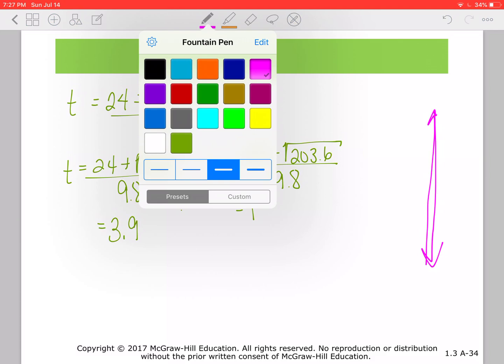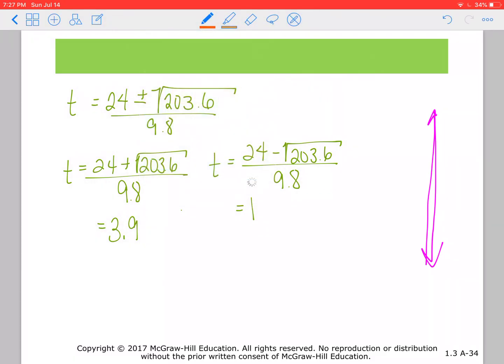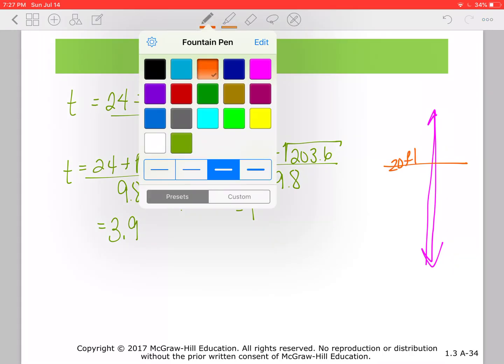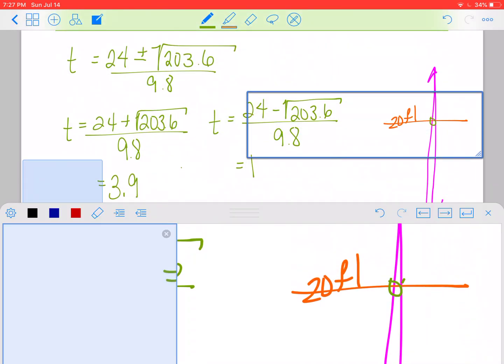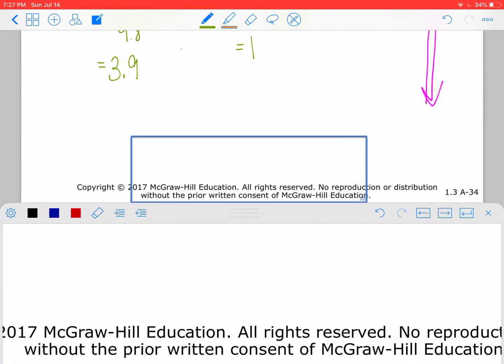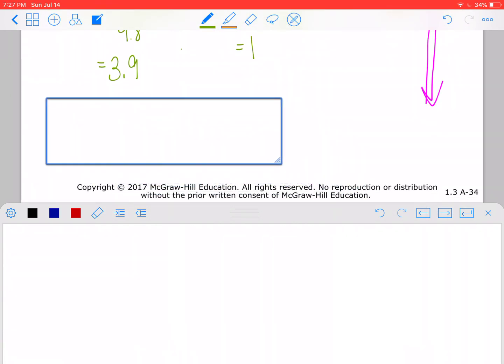Okay, and it's hitting a height of 20 feet twice. Okay, here and here. And so both of these solutions are true.